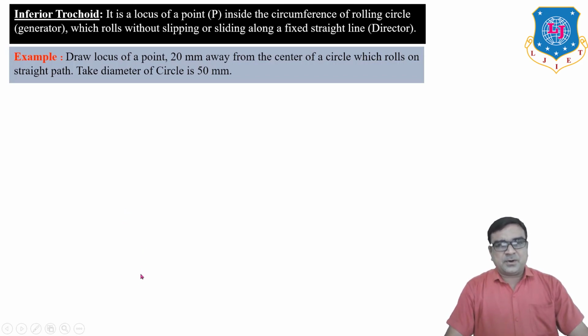In the previous problem we had a 50 mm diameter circle and took the locus of point P which is on the circumference of the circle, 25 mm away from the center. But in this case we have to draw the locus of a point which is 20 mm away from the center.